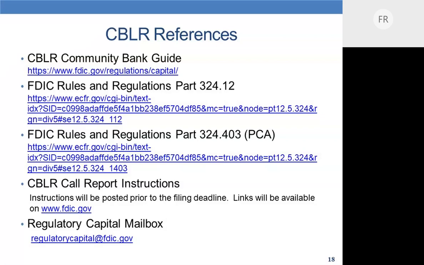Yeah, so a question that we get sometimes, which is just difficult for us to answer, is to go to the pros and cons or advantages or disadvantages of opting into the CBLR. So I guess the agencies implemented the CBLR consistent with Section 201 of the Economic Growth, Regulatory Relief, and Consumer Protection Act.